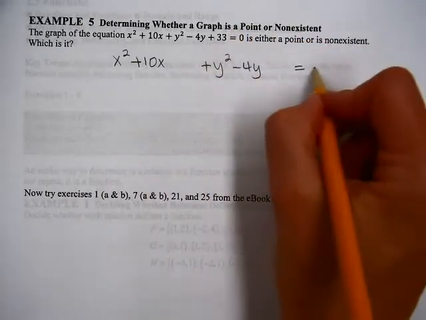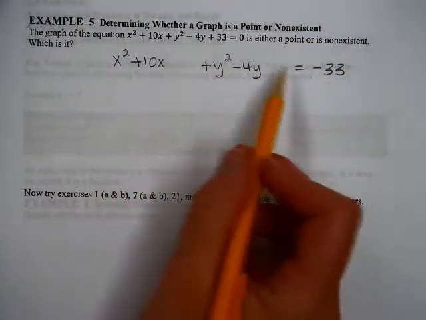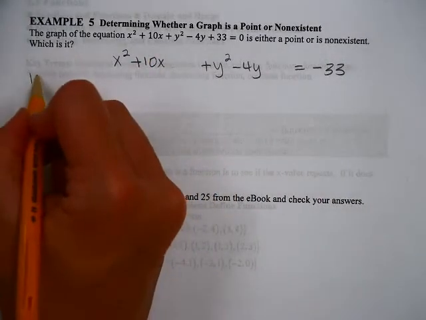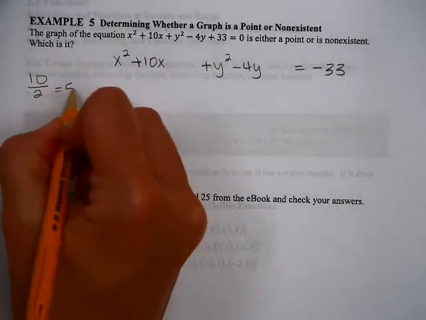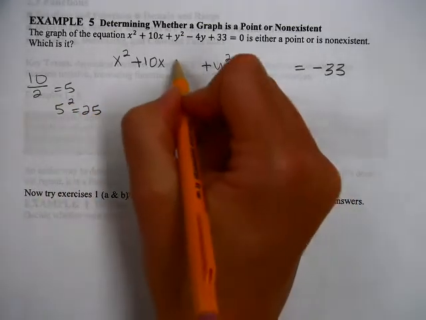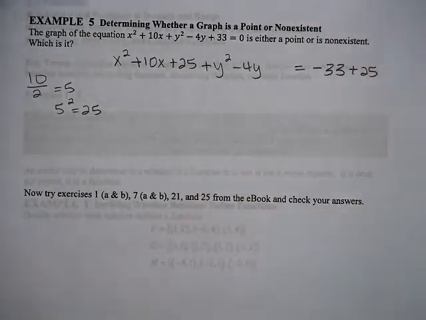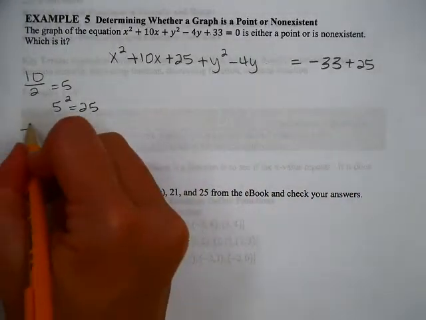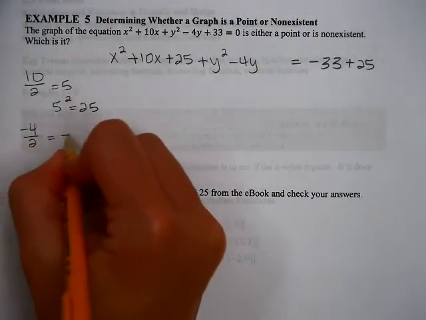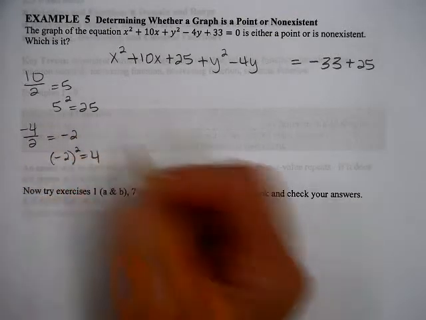Bring the number to the other side. Okay, let's fill in the spaces. Take my x coefficient, divide by 2. Take that number, square it. Plus 25, plus 25. Take the coefficient of y, divide by 2, square negative 2. Negative 2 squared is 4.